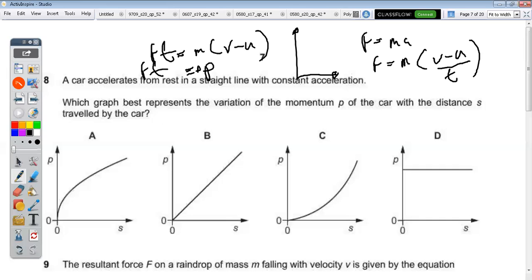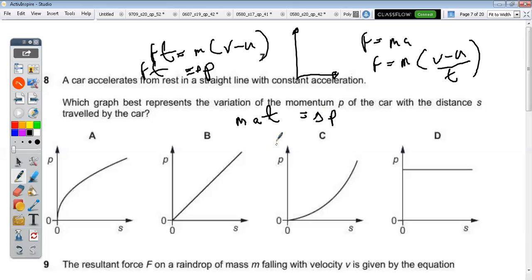You can go to the formula F is equal to ma maybe, and then, if you change here, ma multiplied by t is equal to momentum. Then we change the acceleration. That's your suggestion.